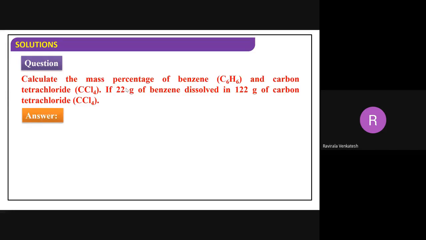Next, this question is there in your textbook, beta. If you have the textbook with you, I told you already, keep the textbook with you. I don't know how many of you kept the textbook with you. If you observe this question: calculate the mass percentage of benzene in carbon tetrachloride if 22 grams of benzene is dissolved in 122 grams of carbon tetrachloride.